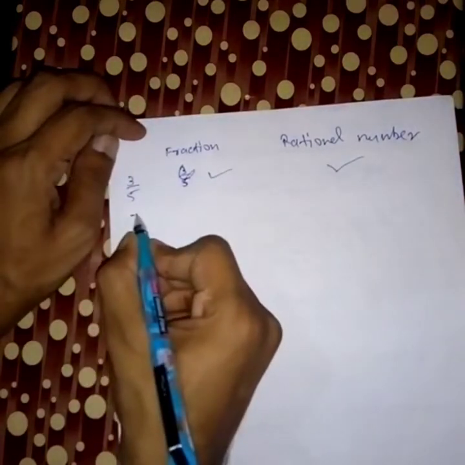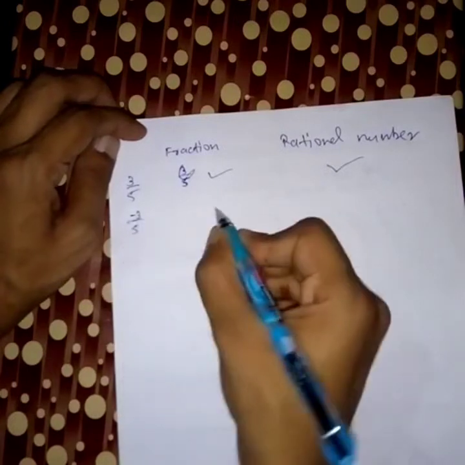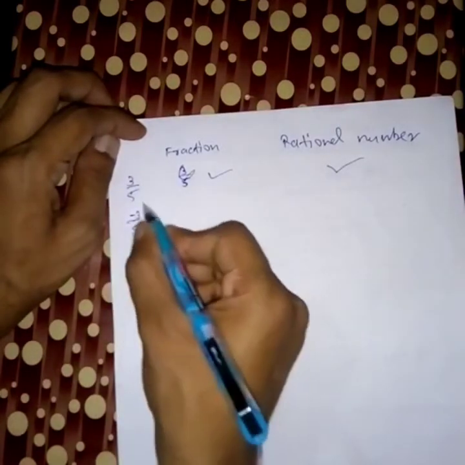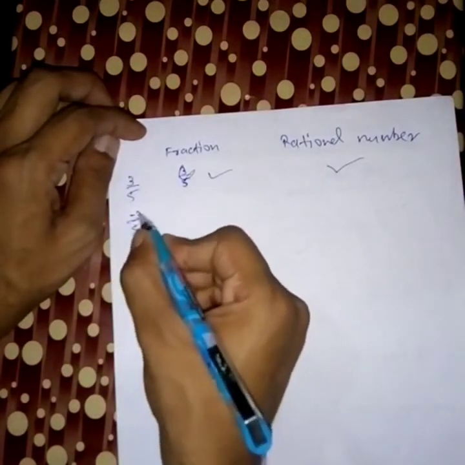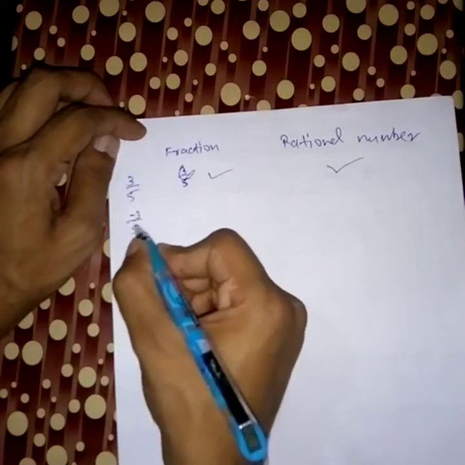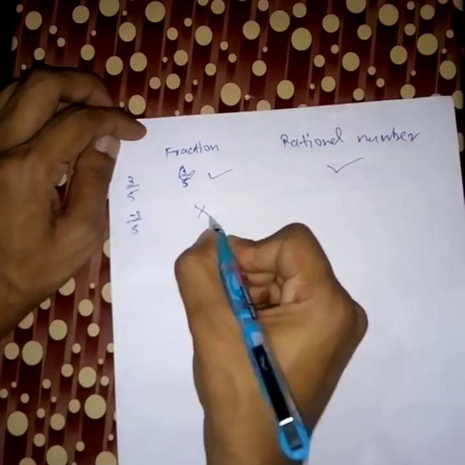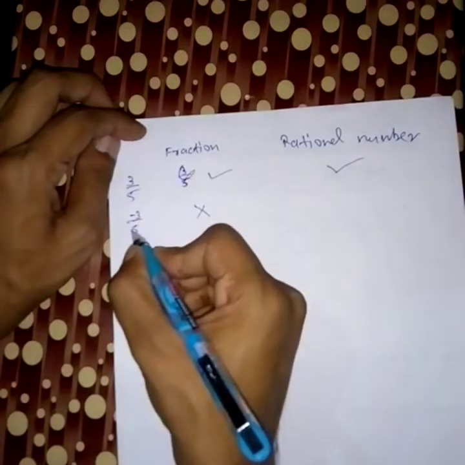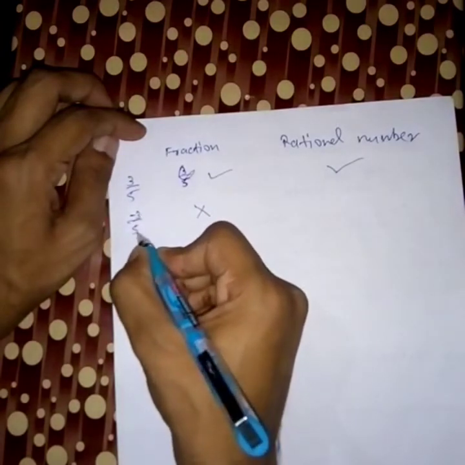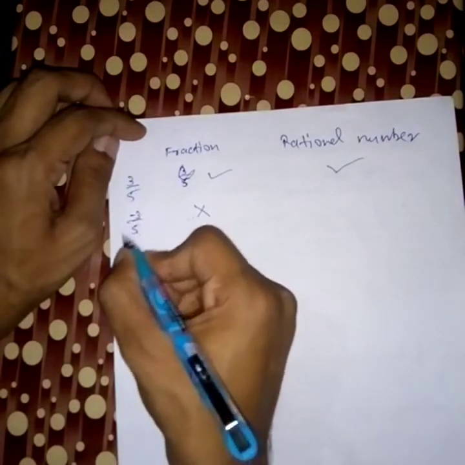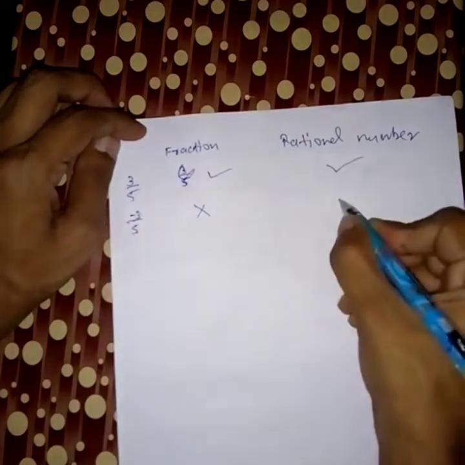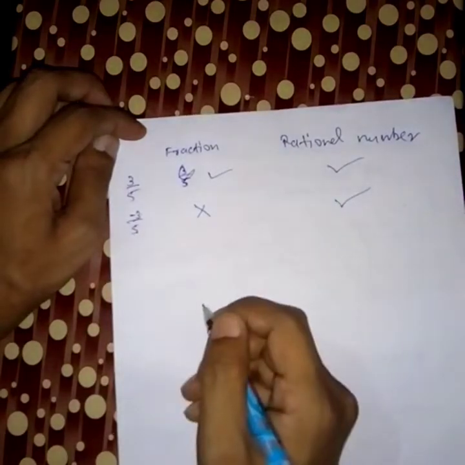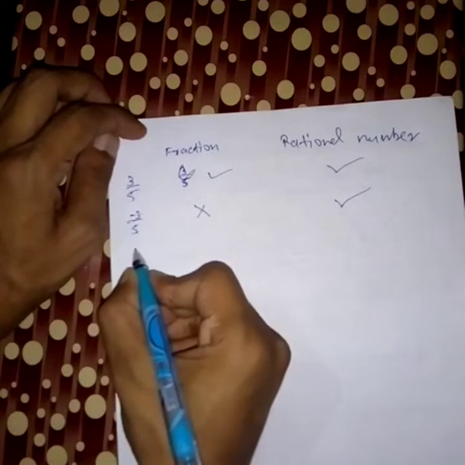Let's take another example. Minus 3 upon 5 is not a fraction, because here minus 3 is not a whole number, though 5 is a whole number, so it is not a fraction. But it is in the form of P by Q, and P and Q both are integers, and Q is not equal to 0, so it is a rational number.